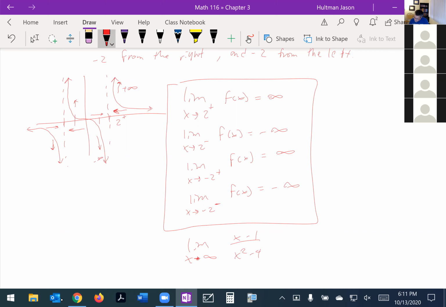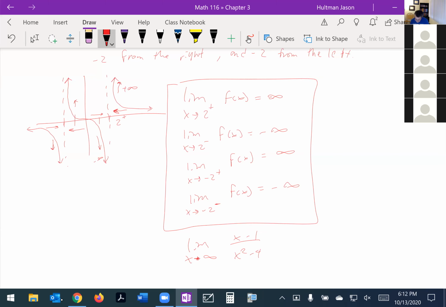So what I'm going to do is divide both top and bottom by x. Let's do that.